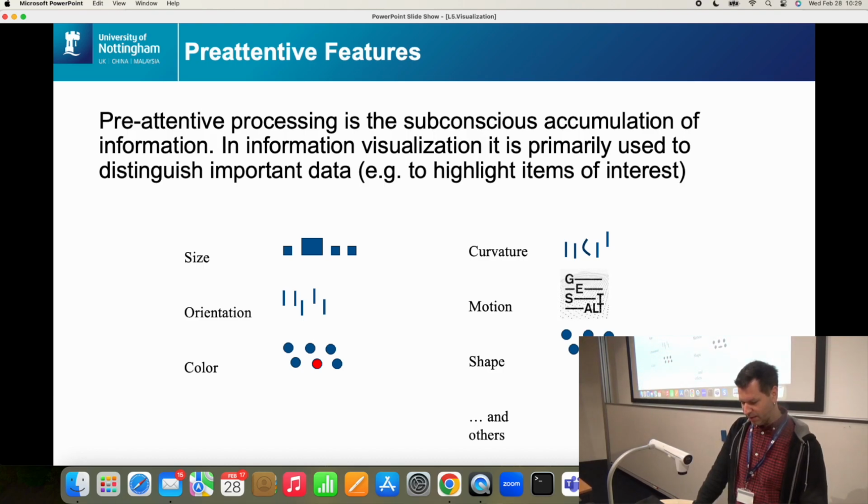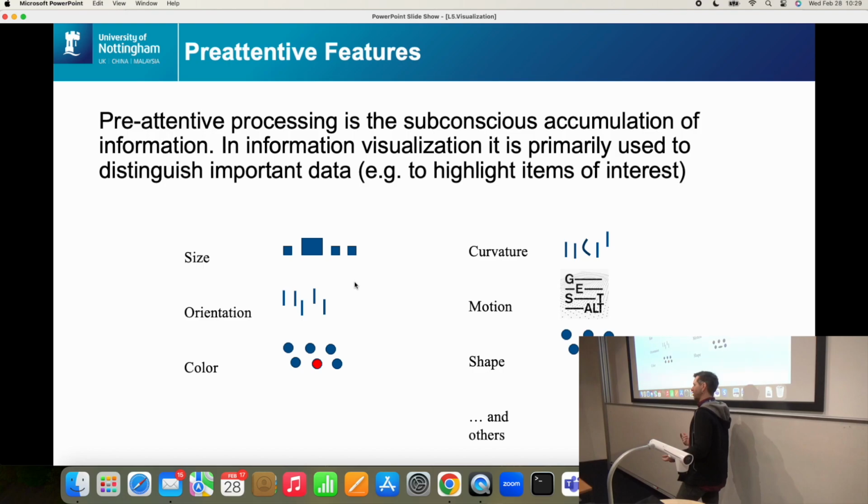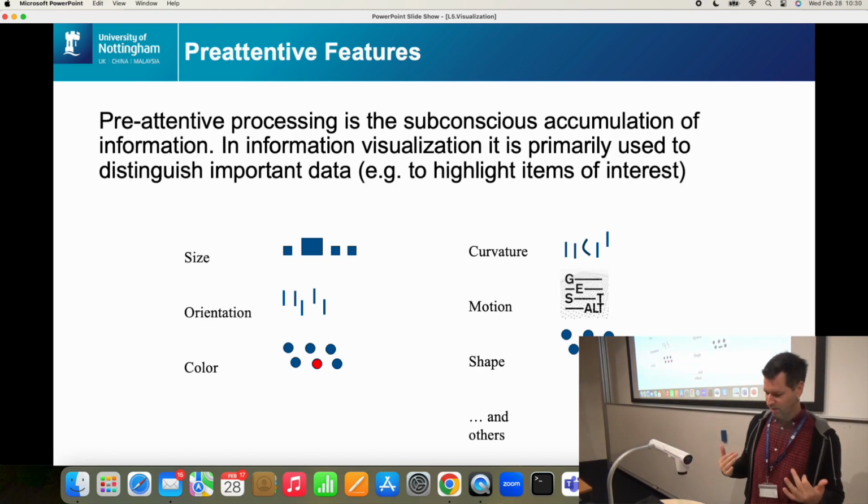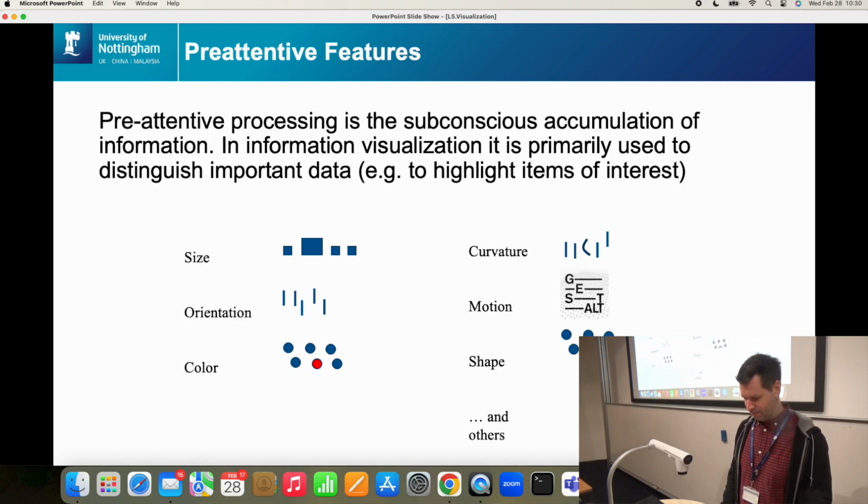So size can be processed pre-attentively in less than a second. So can orientation, color, curvature, motion, shape, and there are others. But those are all visual encodings and visual properties that we can see in less than a second. Our perceptual system sees it very, very quickly.